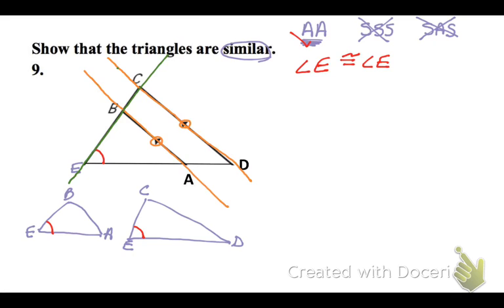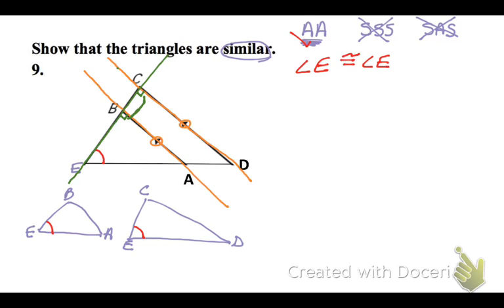Now you have to remember our transversal rules. In this case, you have angle B here and angle C. These are corresponding angles, right? Because they're in the same place.